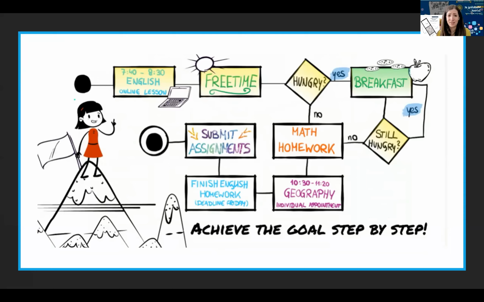The activity diagram is great to work with algorithms, to show processes, or in the language classroom, for example, grammar rules. In this case, you can see how it's possible to organize a homeschooling day and to get an overview in order not to forget some of the tasks.